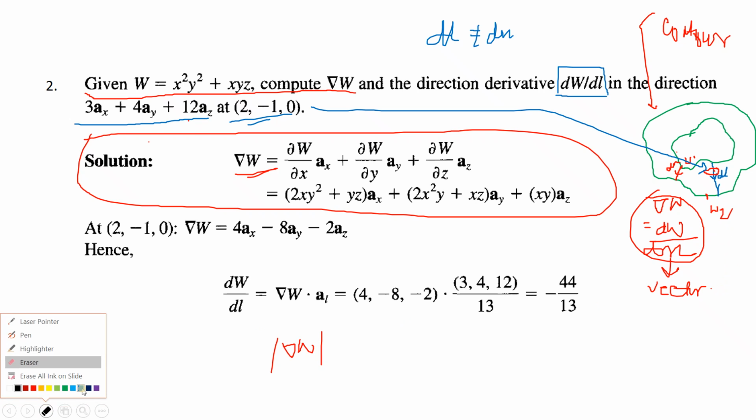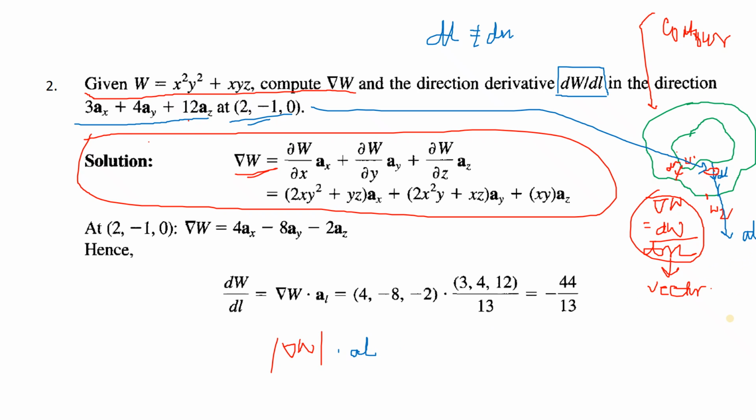Let me use blue color. Since this is the direction of dl, we will take the mod of delta w and associate it with the direction dl, that is unit vector al, because dl is the displacement. dl is a vector, but dl is nothing but dl and a unit vector al. Unit vector al is along the direction of dl.